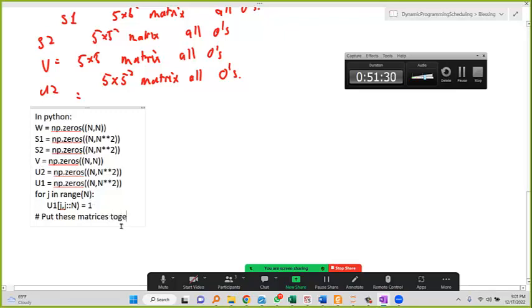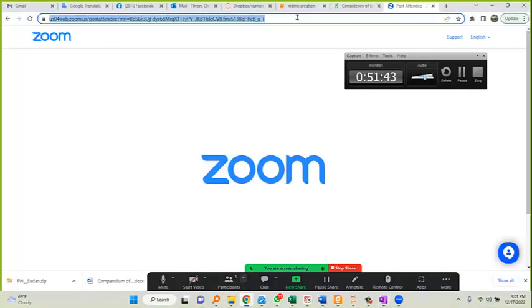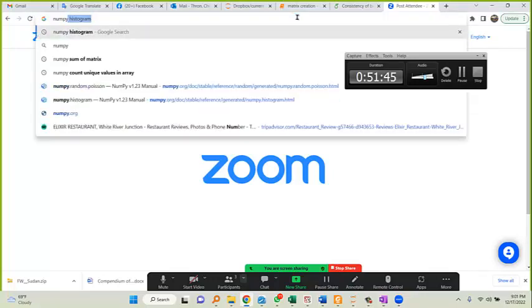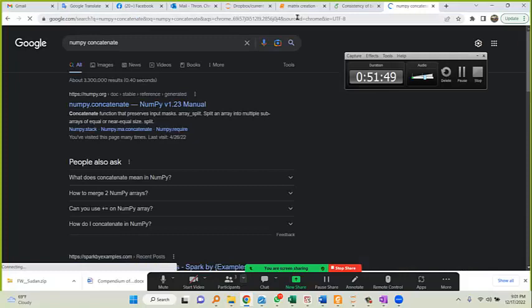As a single matrix, I think it's np.concatenate. Let me see if that's correct and what the syntax is.